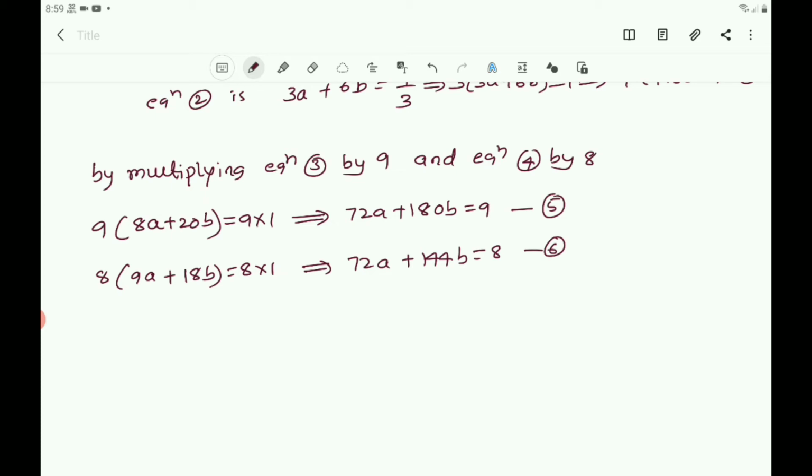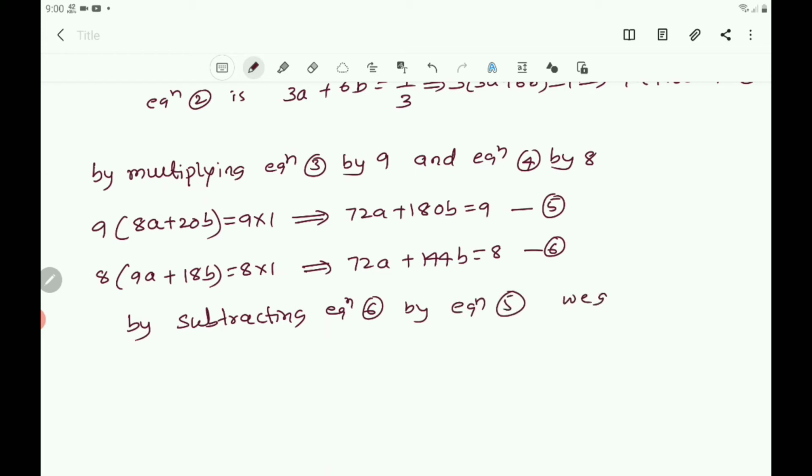So here a has the same coefficient in both equations. Now you try to cancel that. You can observe that 72a has the same sign in both, so you do the subtraction. Since 9 is greater than 8, you subtract equation 6 from equation 5.